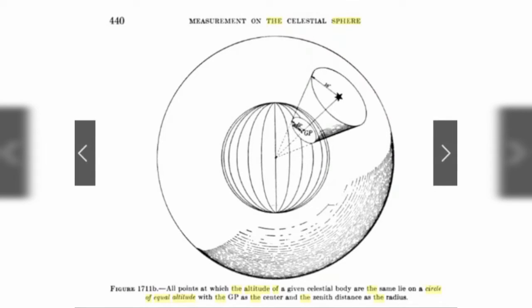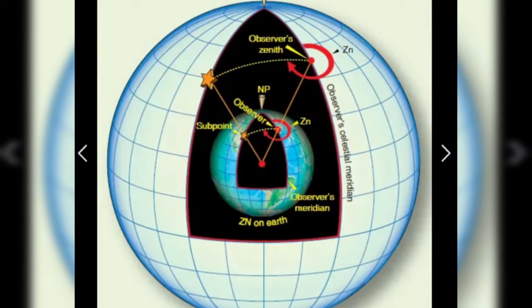So here's another way of saying it. They've got the celestial sphere with the longitude and latitude lines on the outside, the stars on the inside, and they all have a GP position on the Earth because it matches line for line, and stars, when they're at their zenith over the Earth, that's exactly where it would be on the Earth's surface.